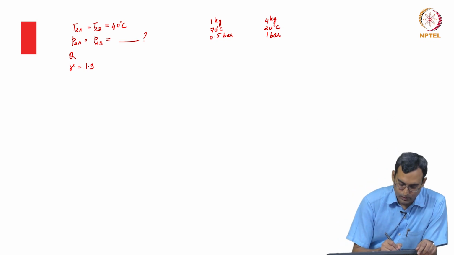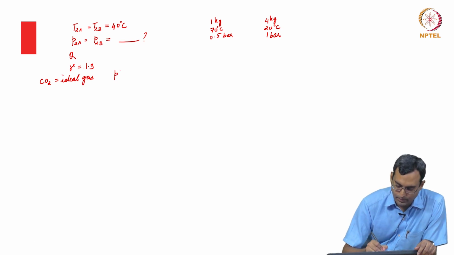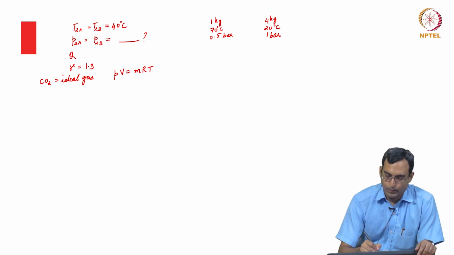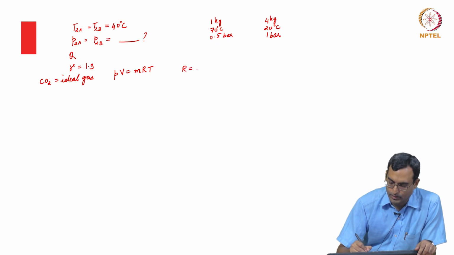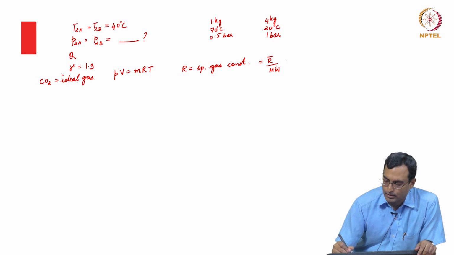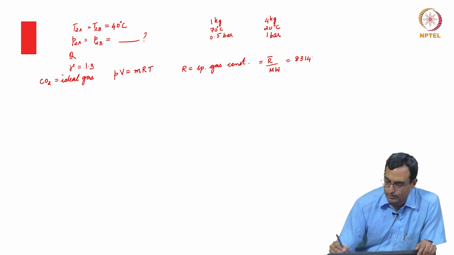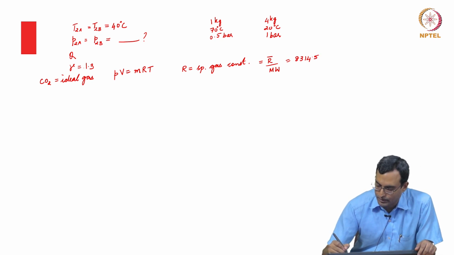Since we are assuming CO2 as an ideal gas, this expression PV equals mRT must hold. Now, the value of R here is what we call the specific gas constant, and we get it by dividing the universal gas constant by the molecular weight. The universal gas constant is 8314.5 joule per kilomole Kelvin.